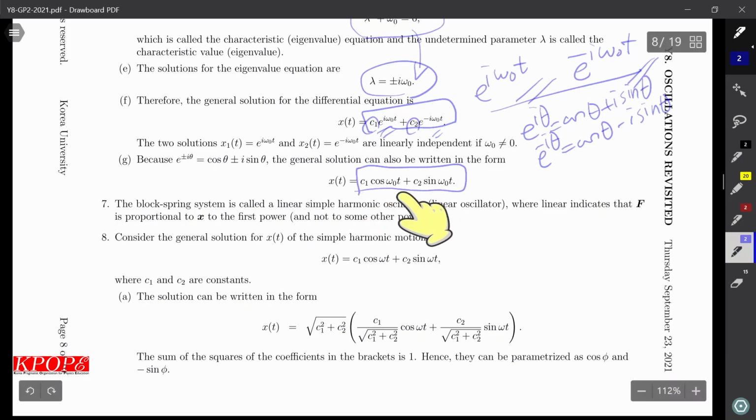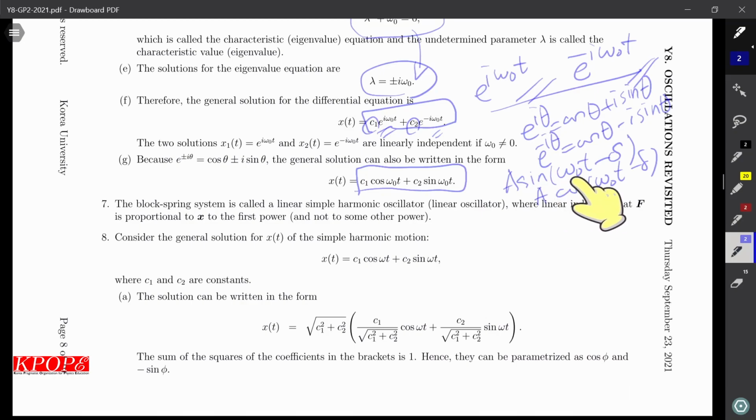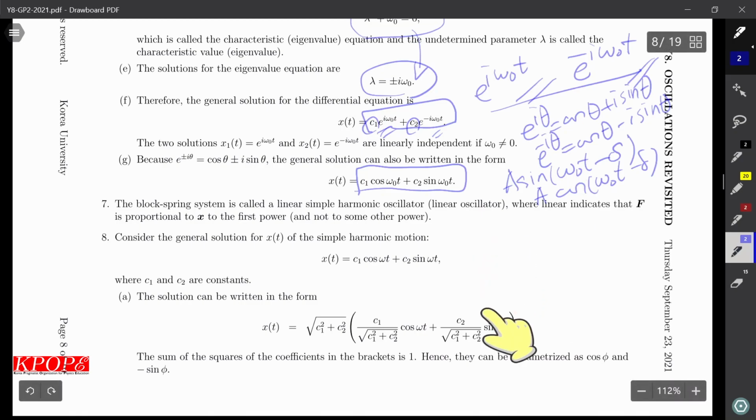In addition, cosine and sine can be combined into sine of omega 0 t minus delta or cosine of omega 0 t minus delta with some amplitude. So there are many representations, but for your convenience, you can choose any one of these representations for the general solution for the simple harmonic oscillator.